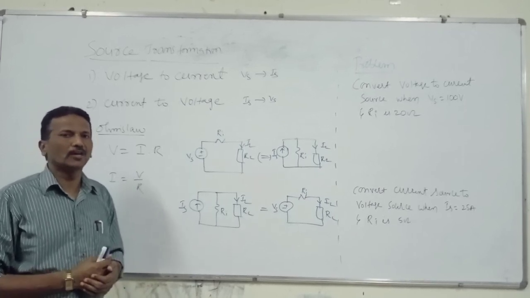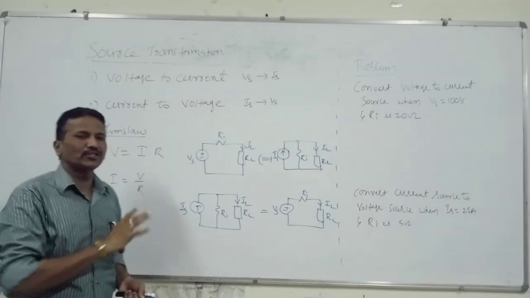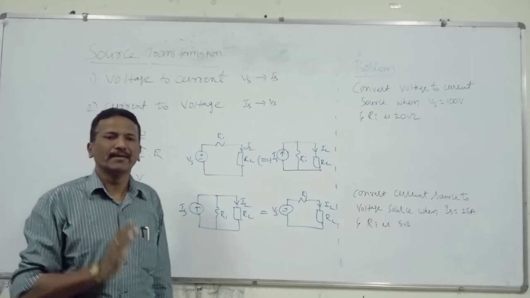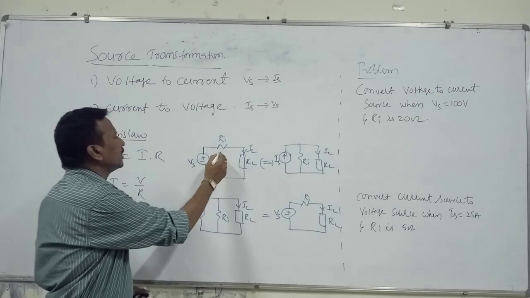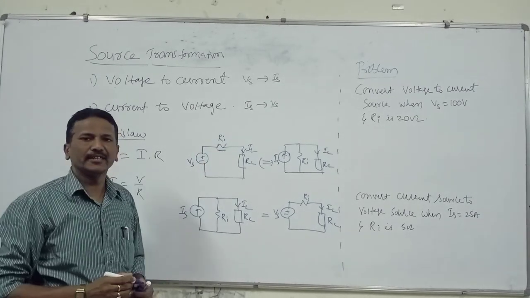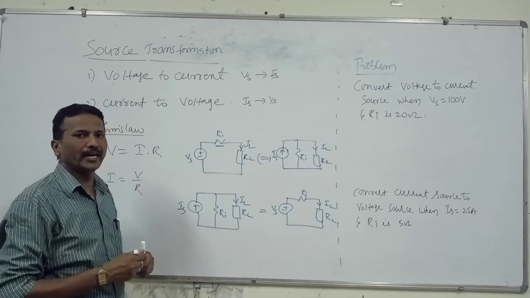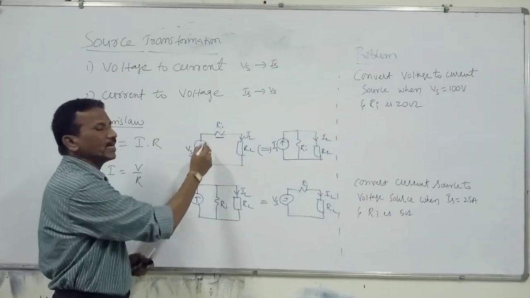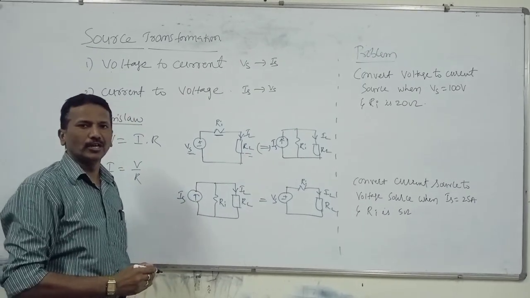Okay, students? How? Let's see. Normally, these are practical sources. When a practical source is there, what will be existing? There will be an internal resistance. If you observe this circuit diagram, it is a voltage source in series with the internal resistance across your load resistance RL.